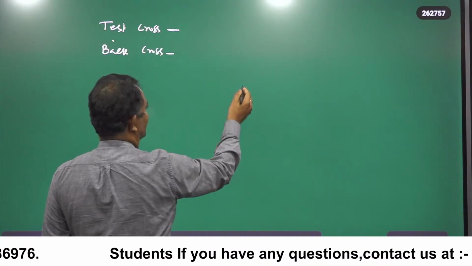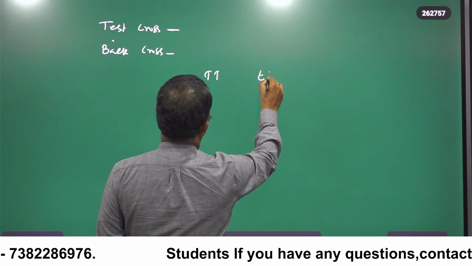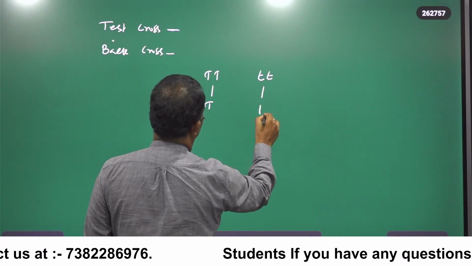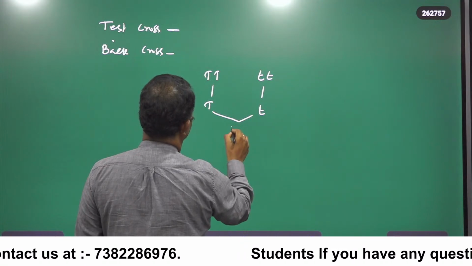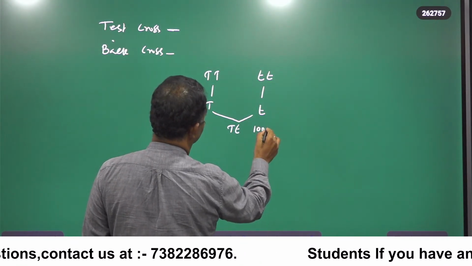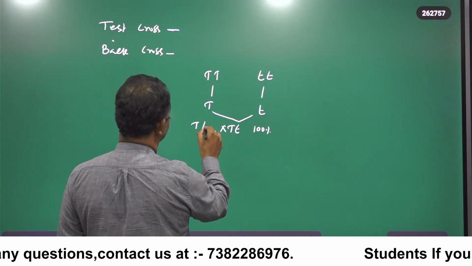Test cross. For example, capital T is one parent and small t is the other parent. Automatically we can get gametes, right? We get the F1 generation. It is always 100% hybrid, right? The F2 generation is by self-fertilization, right?